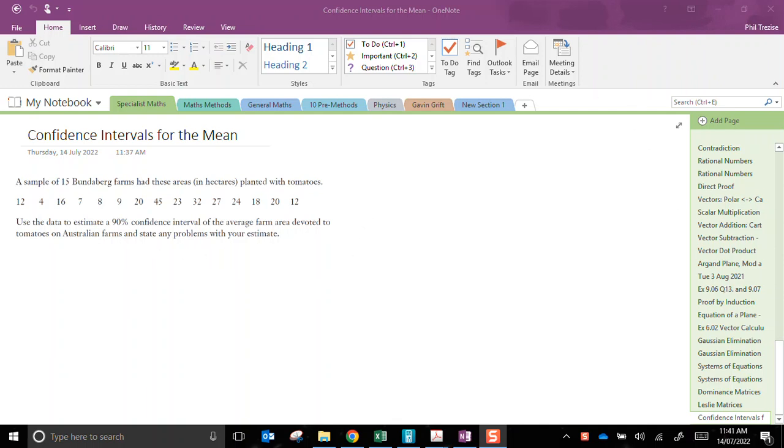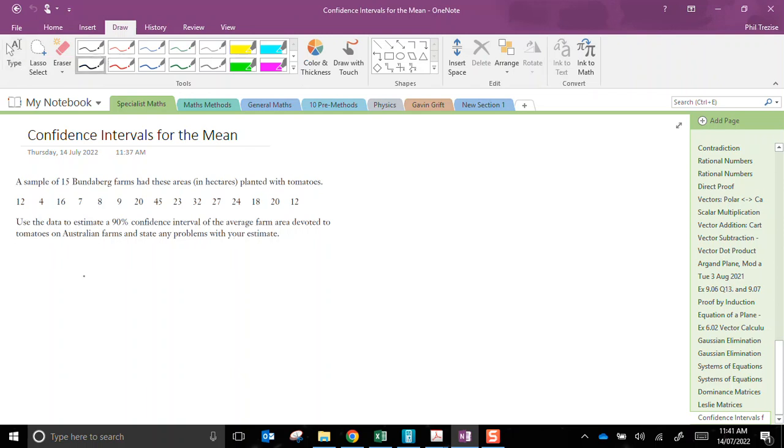Well, the first thing we need to do is find the sample mean and the sample standard deviation as estimates of our population parameters. So the sample mean is, as we know, the sum of the scores divided by the number of scores.